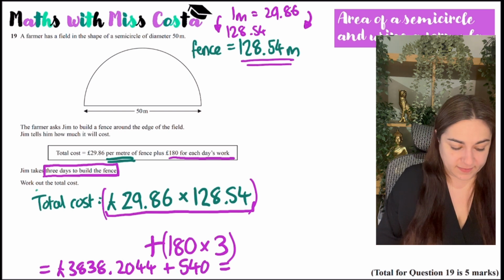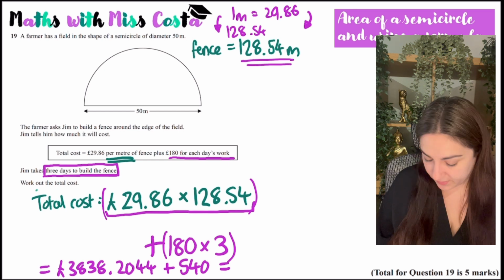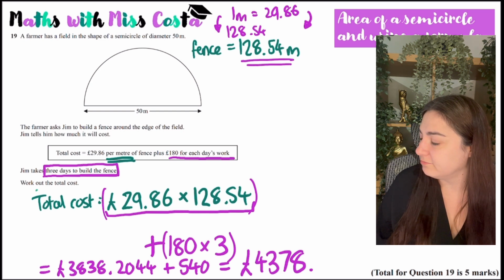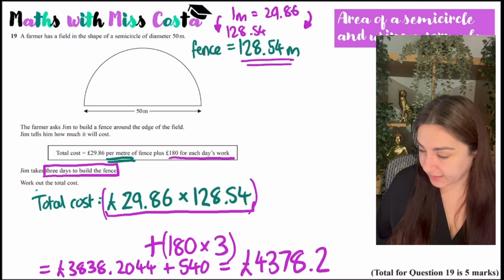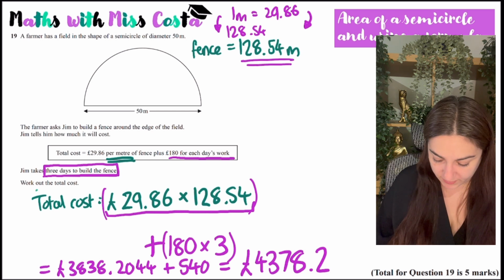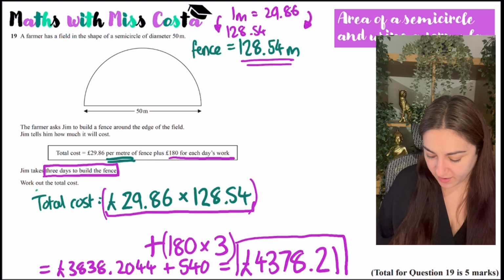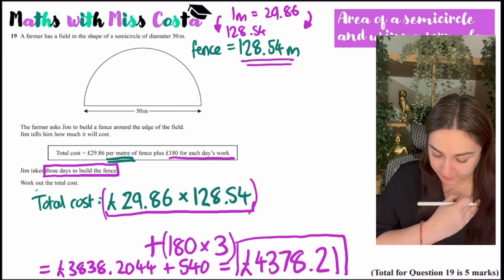So if I add that together, I end up with £4,378.21. It doesn't matter what you round it to, as long as you've given a reason. I'm going to write 21 because with money generally people round it up, but as long as you got in the region of 4,378.2 something, that's absolutely fine.